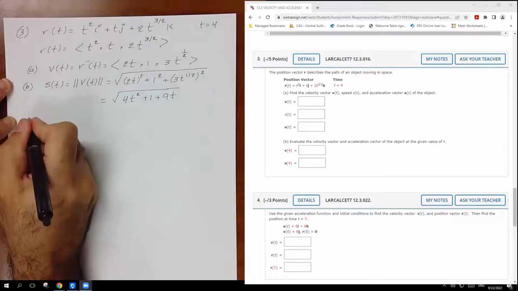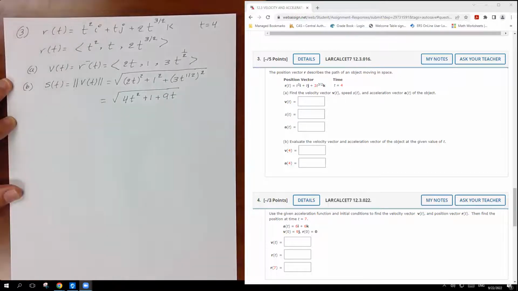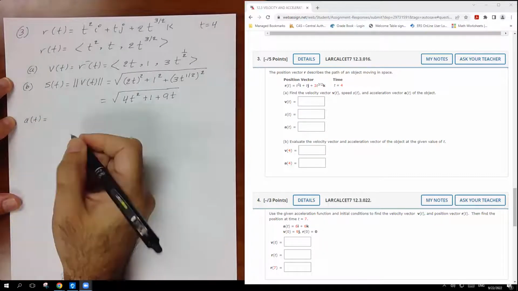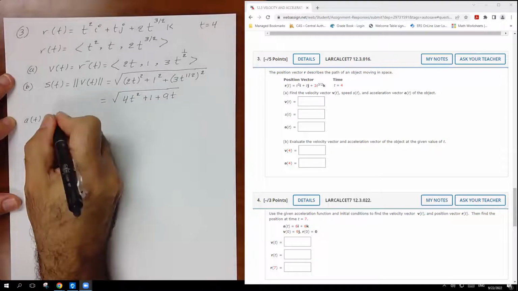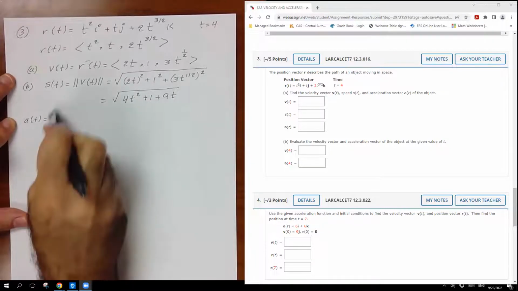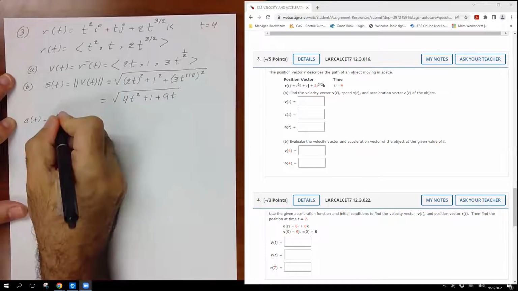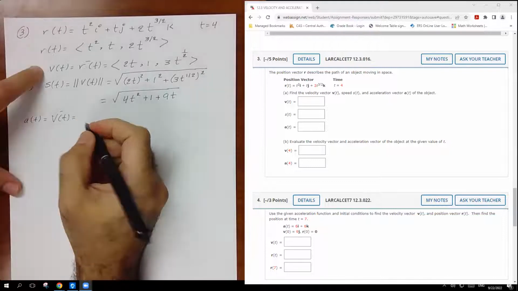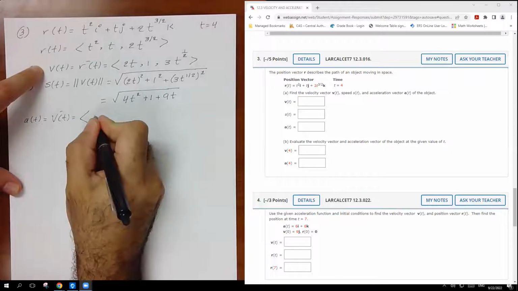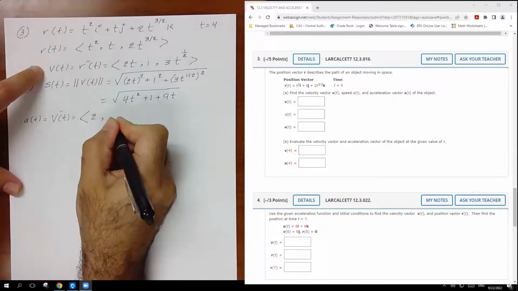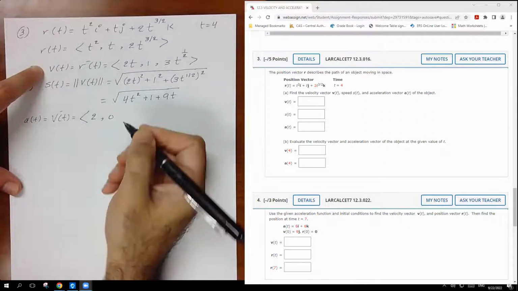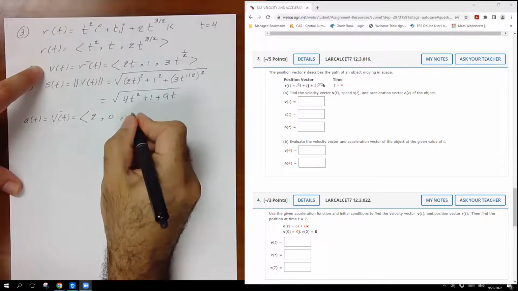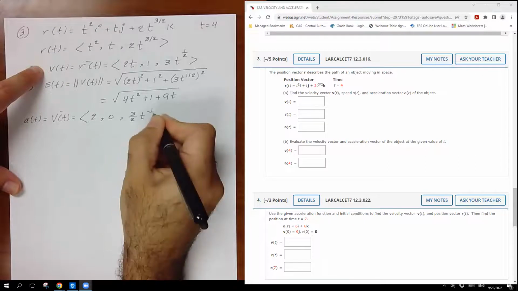And the c is going to be, well, it asks us to find the acceleration of t with respect to t, which is going to be the second derivative, or the derivative of the velocity. So v prime with respect to t, which is going to be, here's v prime. We're going to find the second derivative of the position vector, which is going to be 2, and this one is going to be 0, and this one is going to be 3 over 2 t to the negative 1 over 2.